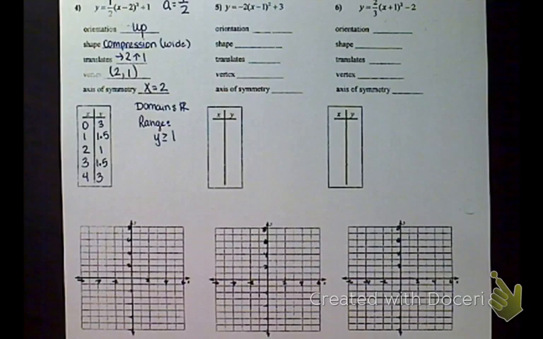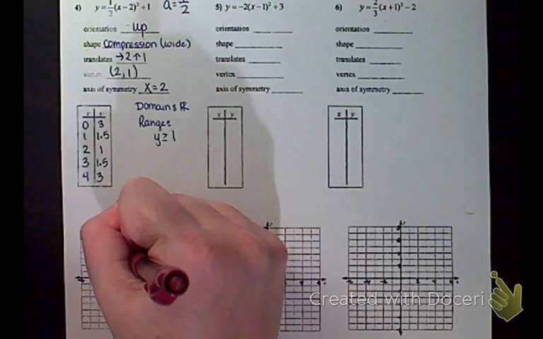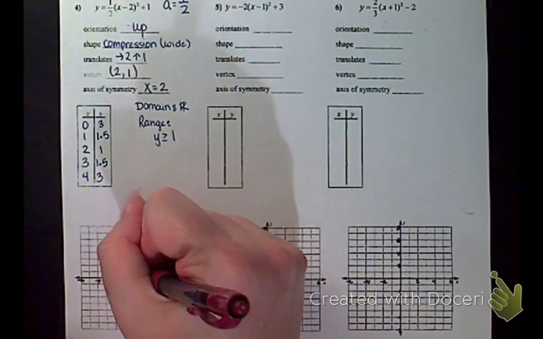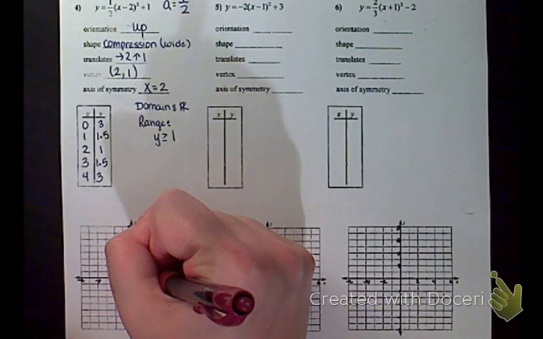So when we graph, we're just going to guesstimate the best we can in our graph. All right, so (0, 3) is going to be my first point. Now, my graph should open up, right? And it's going to be a compression, so it's wider than my normal graph. So it should be wider than all the graphs on the front side. All right, (0, 3), and then (1, 1.5).